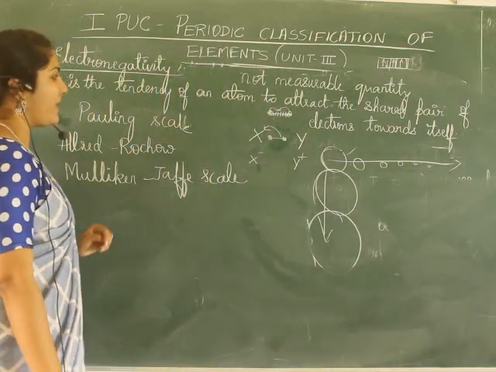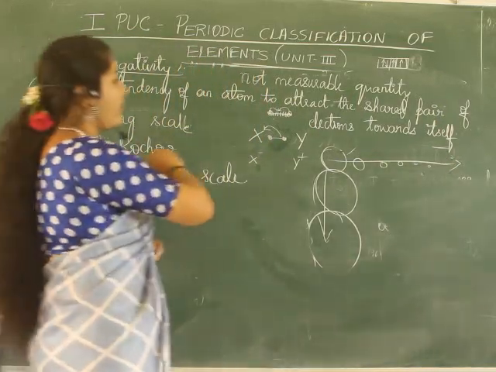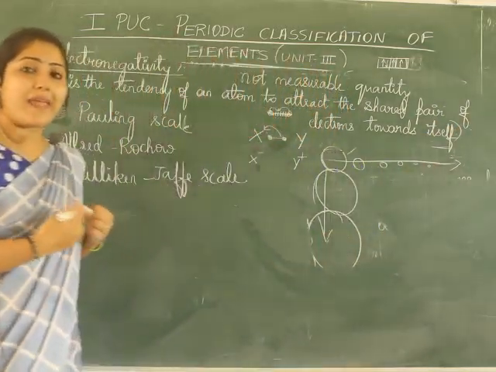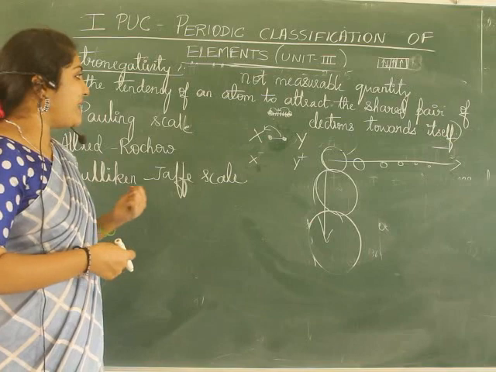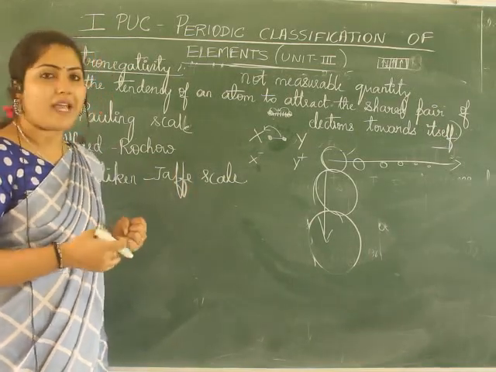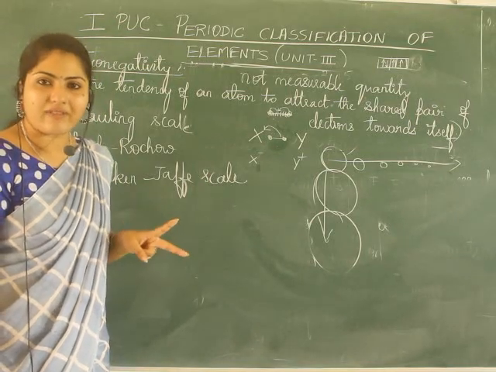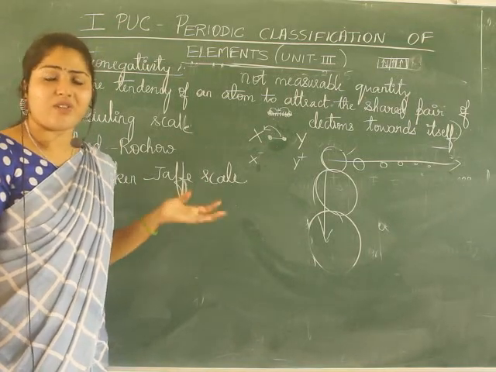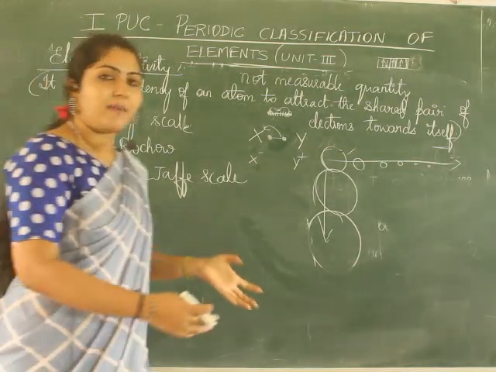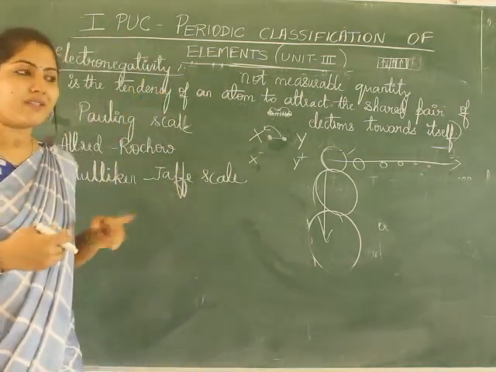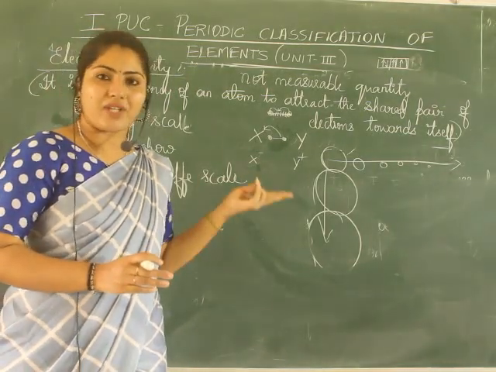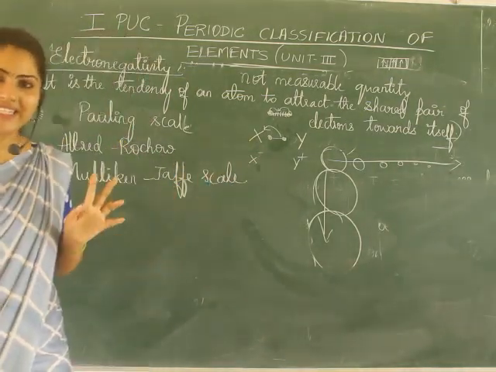This is called electronegativity. You can write the tendency or the ability: the ability of an atom to attract the shared pair of electrons towards itself is called electronegativity. Similar to electron gain enthalpy, isn't it? There it is gaining an electron, but here the shared pair of electrons is being pulled towards itself. The tendency we call electronegativity, and the enthalpy change we call electron gain enthalpy.